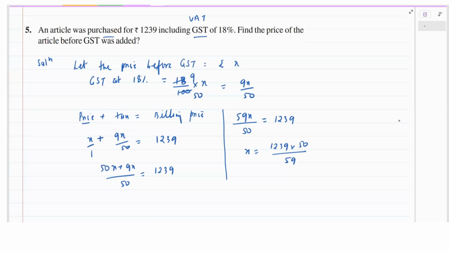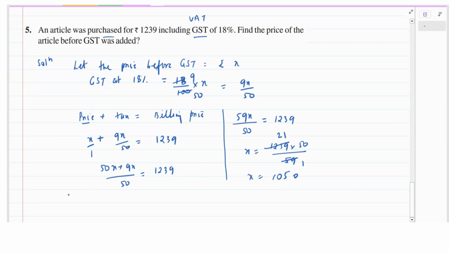From here we can do the cutting. So when we do the cutting, 59 ones and 59 twenty-ones, it is coming 21. And when we multiply it by 50, we get 5 ones are 5, 5 twos are 10. Rupees 1050.